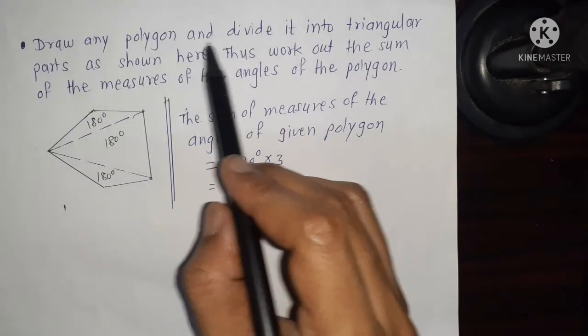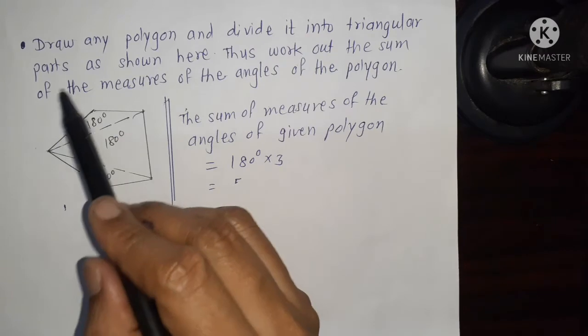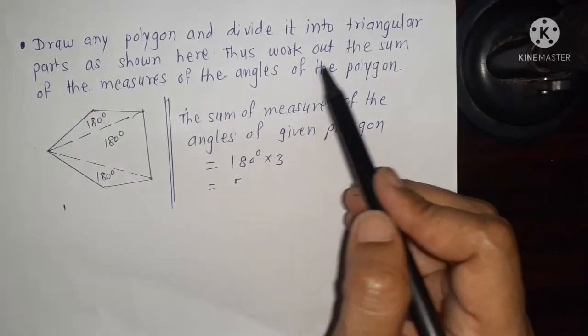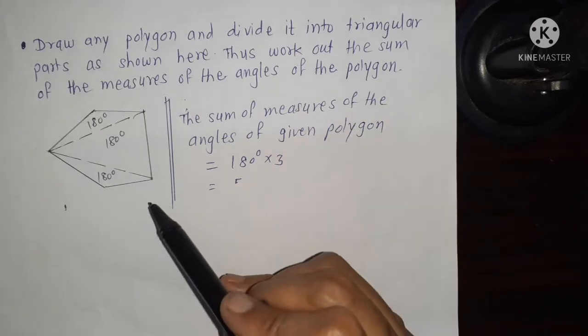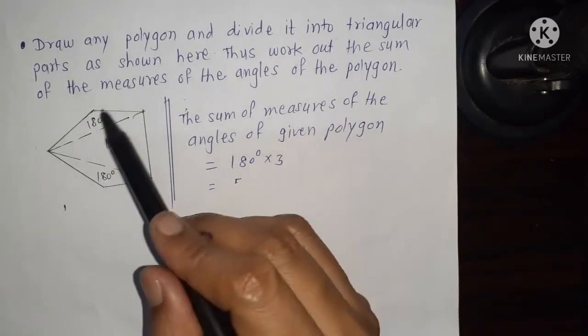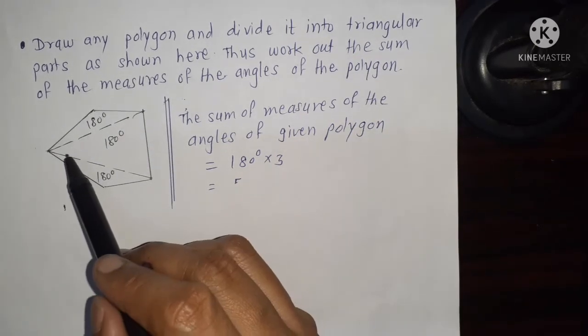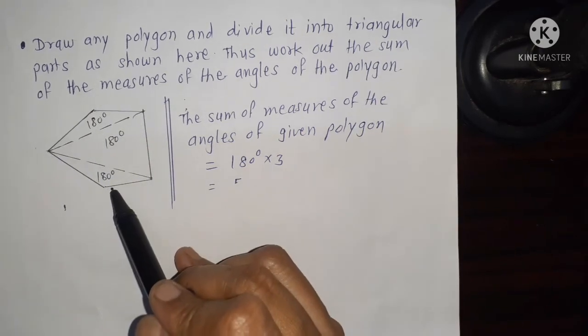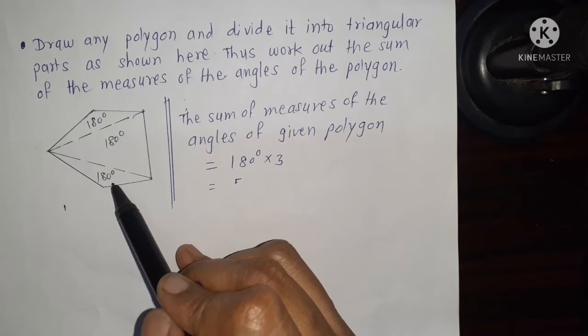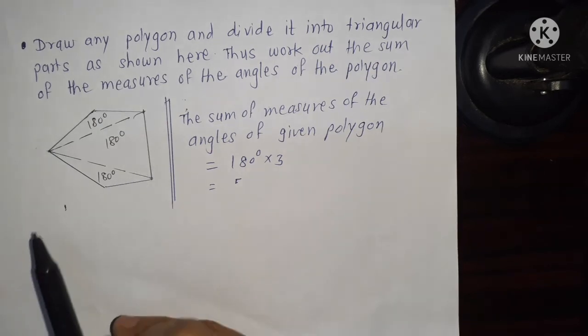Draw any polygon and divide it into triangular parts as shown here. Thus, work out the sum of the measures of the angles of the polygon. Here, one polygon is given. We can divide it into triangular parts 1, 2, 3, and we can count the measure of the angles of the polygon.